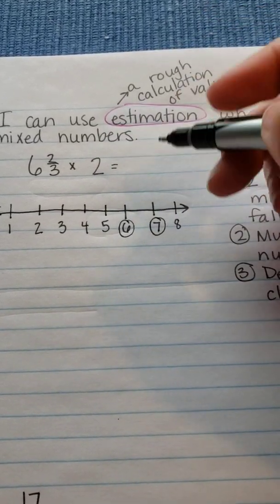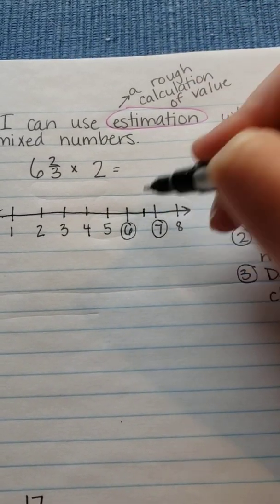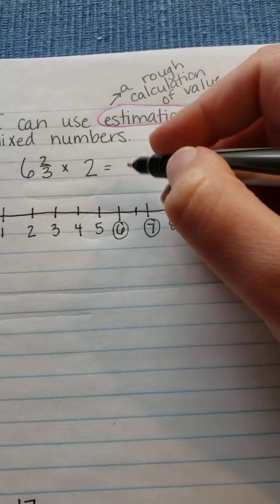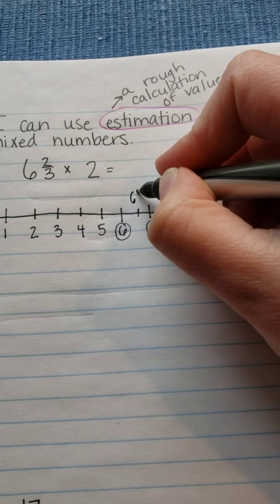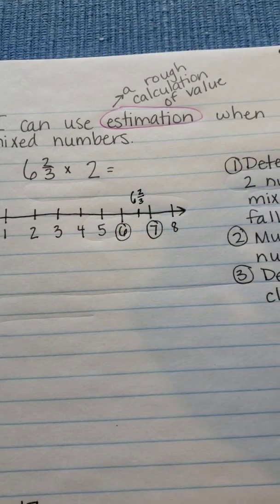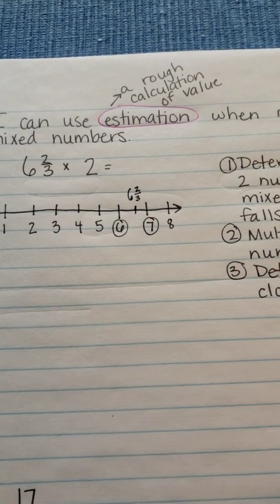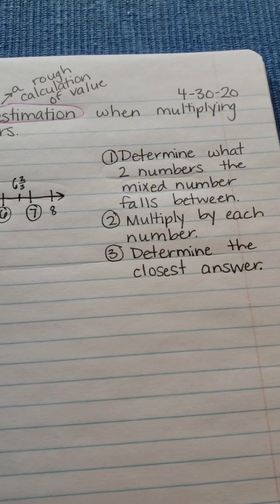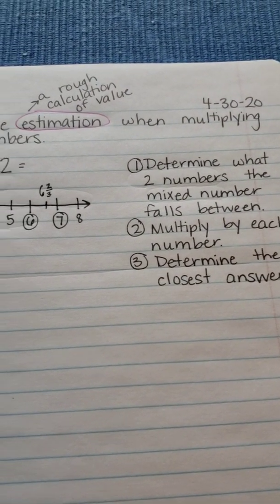If I want to show it on the number line, I kind of imagine that 6 2/3 is a little bit further than halfway. So I would label that 6 2/3. So our first step is going to be determine what two numbers the mixed number falls between.